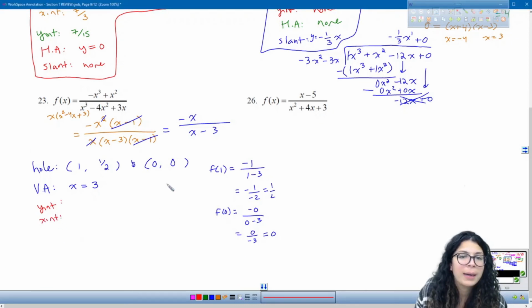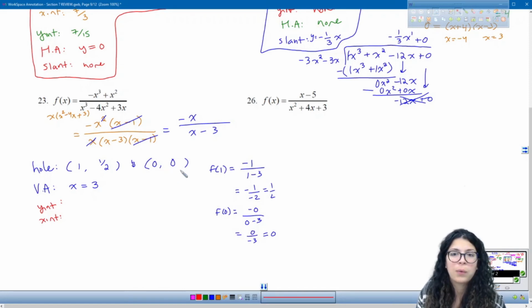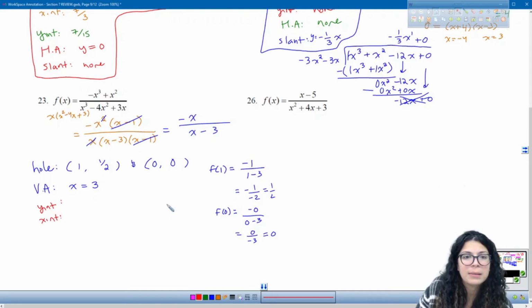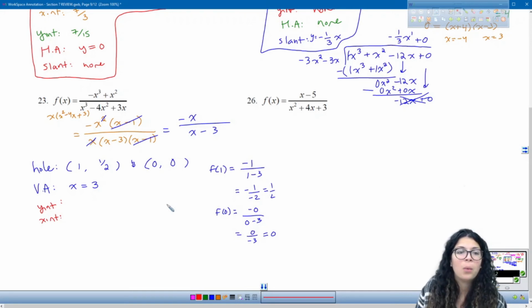Now, we can plug in 0, what makes the numerator 0, but notice that this is a hole, right? So if we have a hole at 0 for x and at 0 for y, that means that both the x-intercept and the y-intercept will be an open point there, which isn't actually a point on the graph. So both of these would be none.